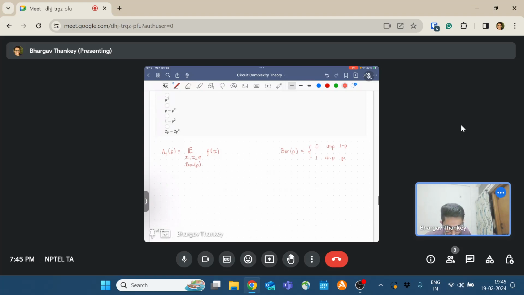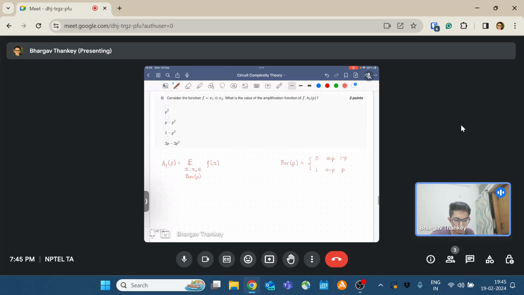So what exactly does this word amplification indicate? I don't know why we are using the word amplification here. At least in the proof of Valiant's theorem, it made sense because this quantity approached majority.